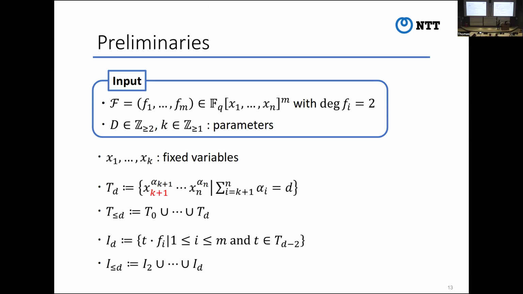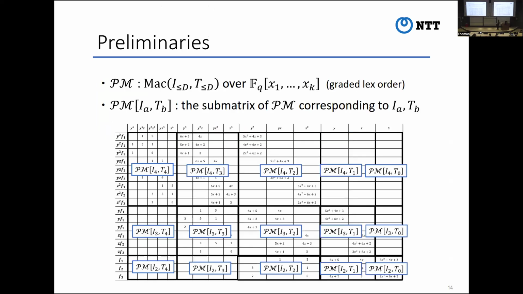We take two parameters d and k as input, and then unlike the case of the XL algorithm, this T_d denotes the set of monomials only in n minus k variables with degree d, and similarly, this I_d also denotes the set of products of given polynomials and monomials only in n minus k variables.